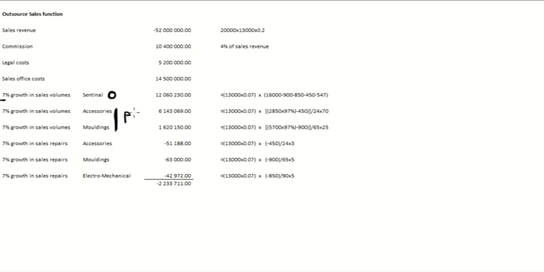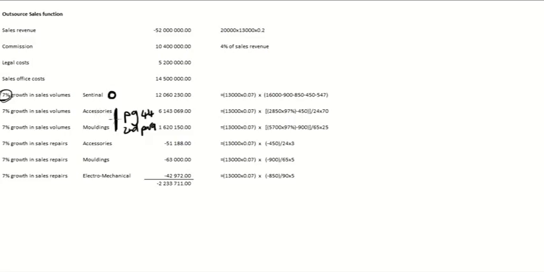Now, if you go to page 44 of your module, the second paragraph, that's where we get this information from. It tells us that first sales are expected to increase by 7%, which is this over here, and then the last sentence says this should have a corresponding increase in sales of the products sold by moldings and accessories divisions and on repairs.